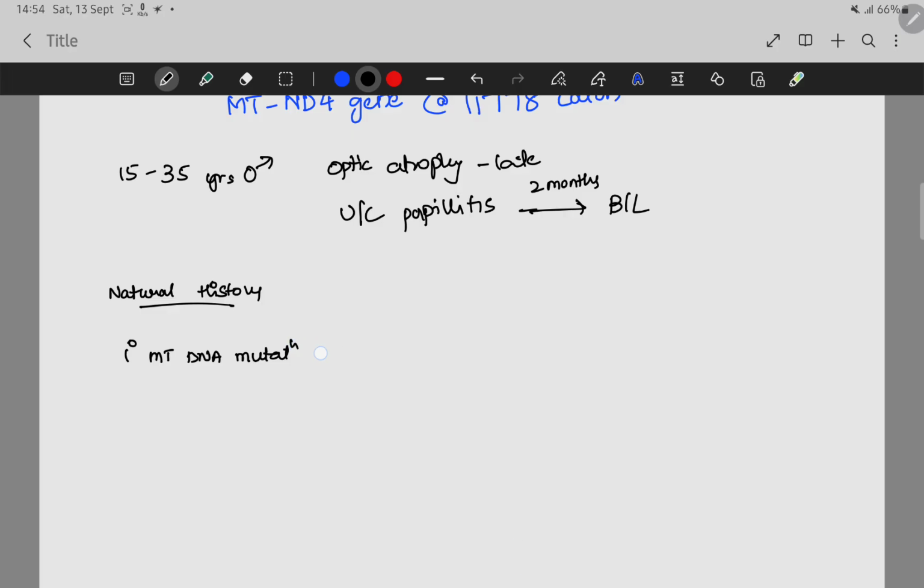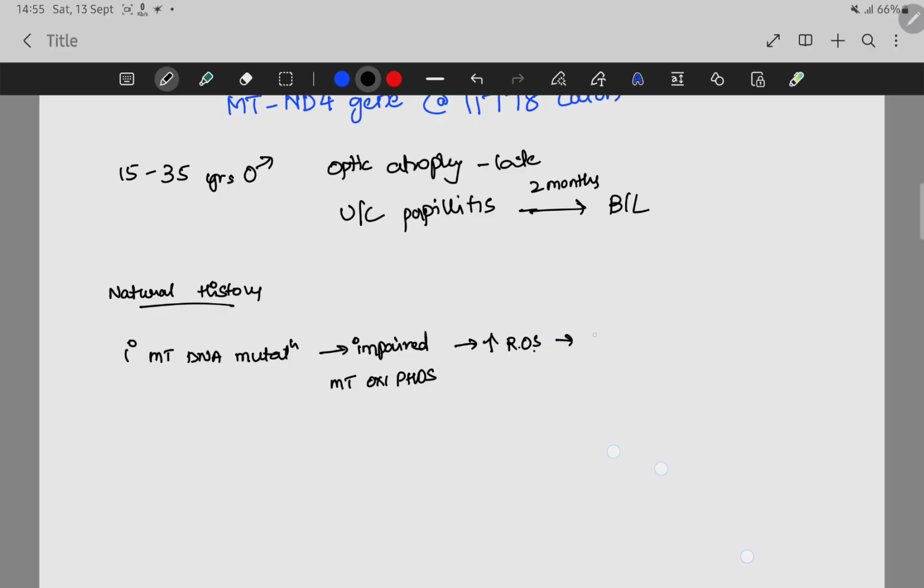This causes impaired mitochondrial oxidative phosphorylation, which increases the reactive oxygen species inside the eye.